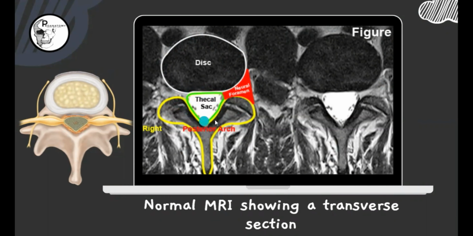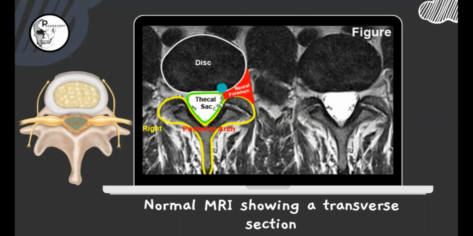In between that we have the vertebral canal through which the spinal cord passes, covered by the thecal sac that we discussed in the previous session. From the thecal sac, you can see the red marked area, which is the exit route of the spinal nerve roots, and that is nothing but the neural foramina. On the right side, you can have a clear look at the spinal nerve root exiting the spinal canal through the neural foramina.